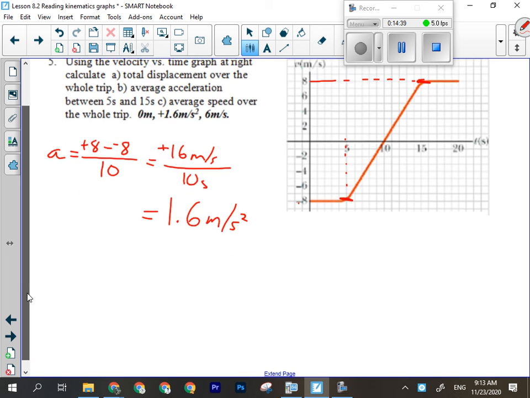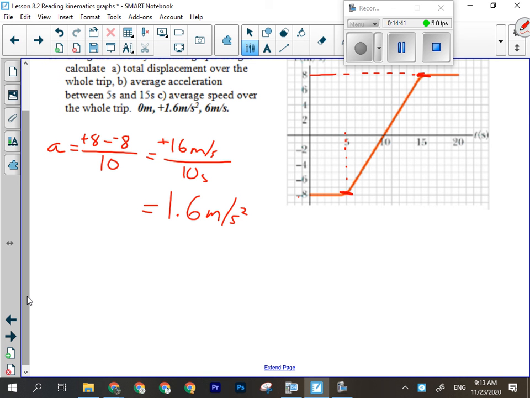It has to do with multiplying or dividing fractions. I'm dividing meters per second by seconds when I calculate acceleration. Is everyone okay with that? The top is in meters per second, and I'm dividing that by seconds. Well, seconds is the same as saying seconds over 1. Now, if I'm going to divide fractions, what do I have to do with my second one?